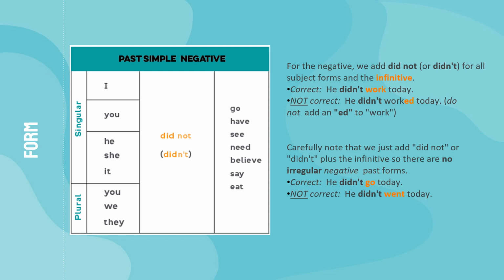You should not write he didn't worked today. After did not, you do not need to put ed at the end of the verb. Carefully note that we just add did not or didn't plus the infinitive, so there are no irregular negative past forms.